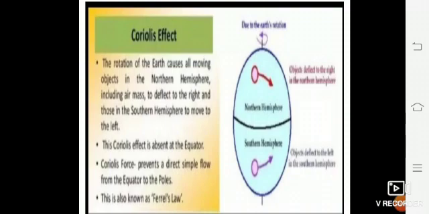According to the Coriolis force, all winds crossing the equator and moving in the northern hemisphere will deflect toward the right hand side, as represented in the figure. And all the winds moving down the equator will deflect toward the left hand side, as reflected in the figure in the southern hemisphere region.